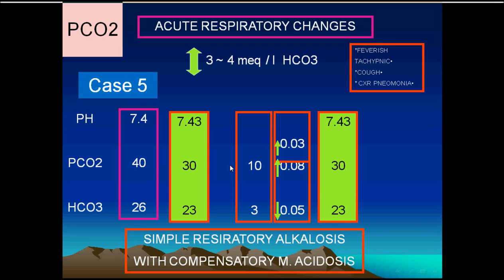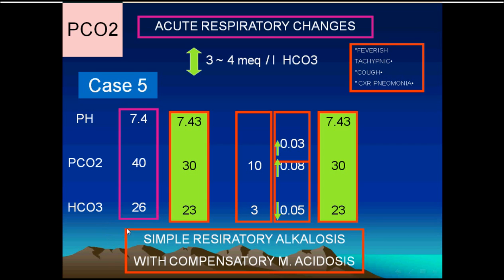How does this happen? If the patient made a washout of carbon dioxide, instead of being 40 it became 30. This means he lost 10 millimeter mercury of carbon dioxide, and the kidney compensates by losing about 3 milliequivalents. So there is loss of bicarbonate by 3 in the face of 10. This 3 will have an effect on the pH of 0.05 from the formula.